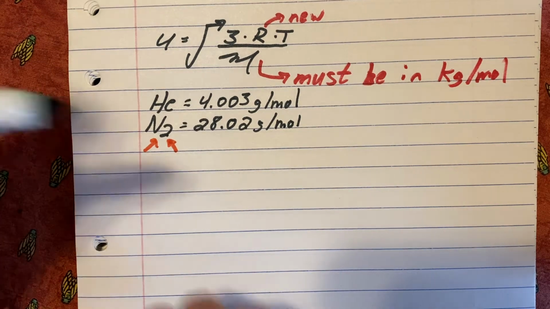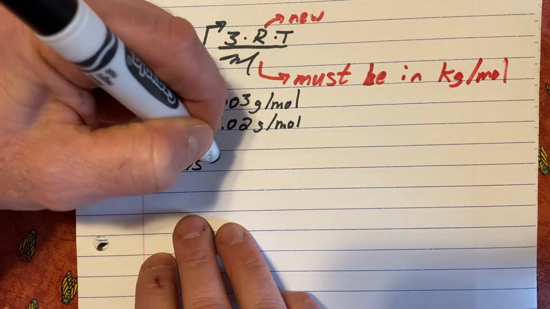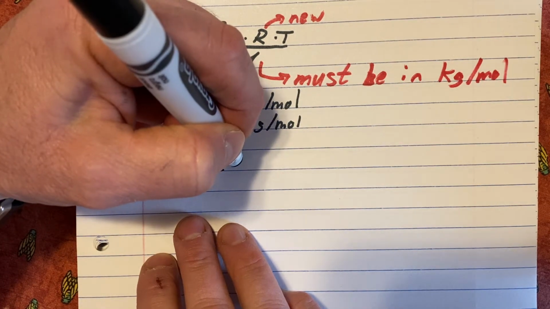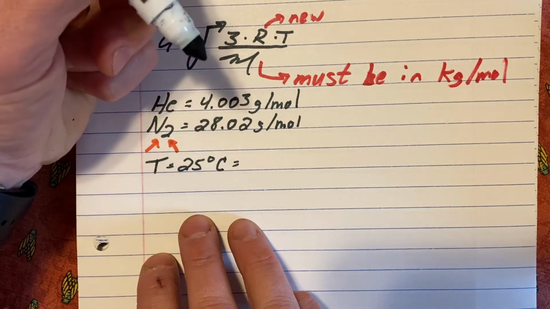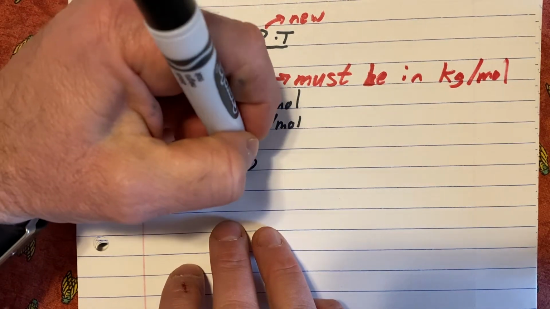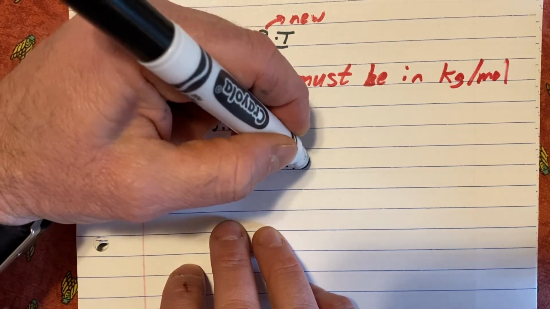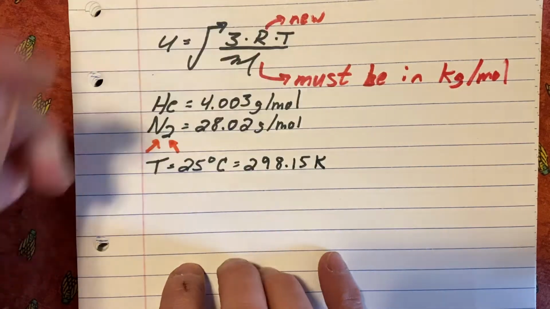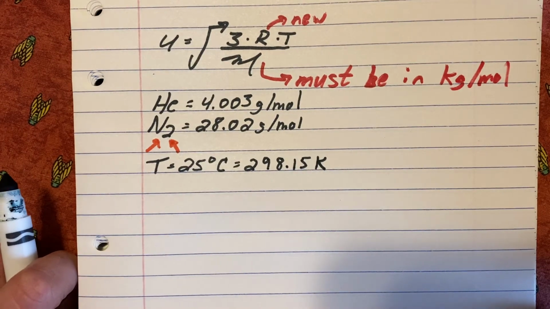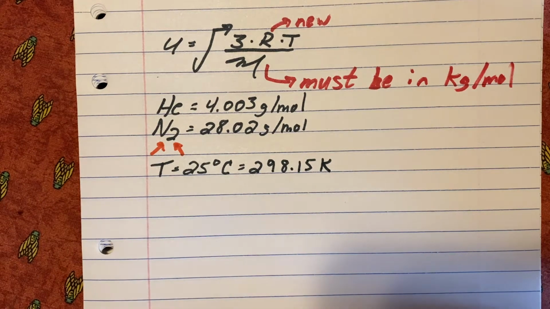The other thing they gave you was temperature, 25 degrees Celsius. We're just going to add 273.15 to switch it to Kelvin, so that's 298.15 Kelvin. All right, so there are our variables. I don't think we even need much of a roadmap with this.